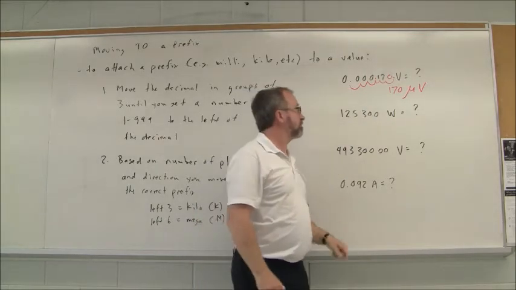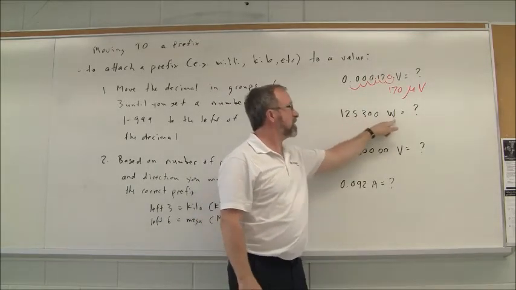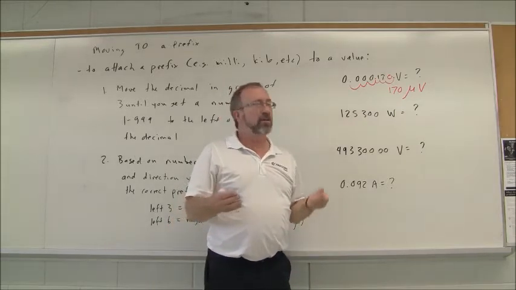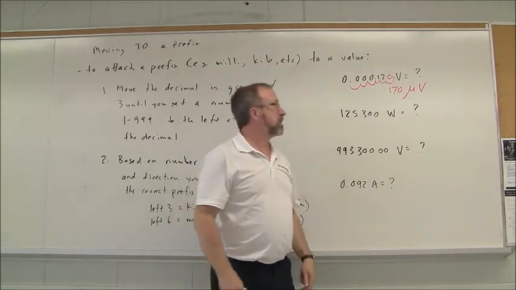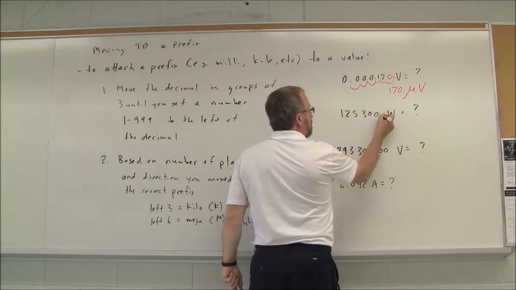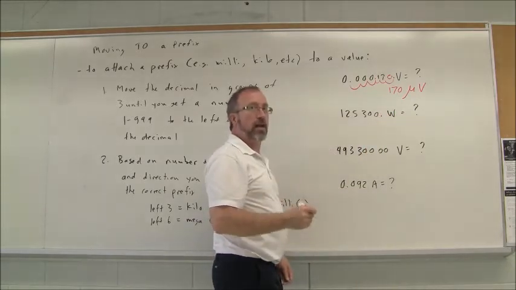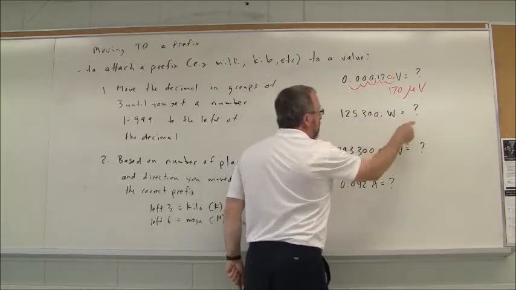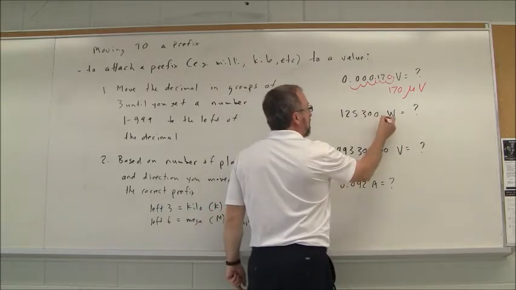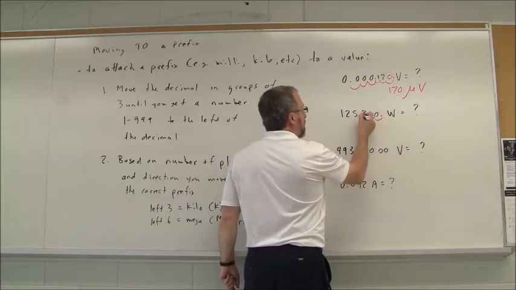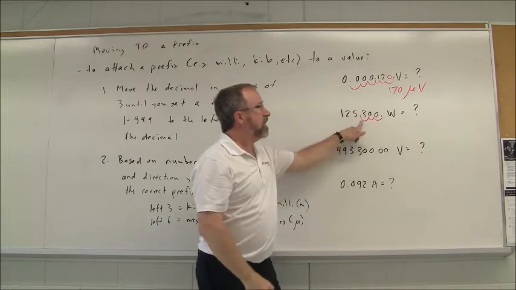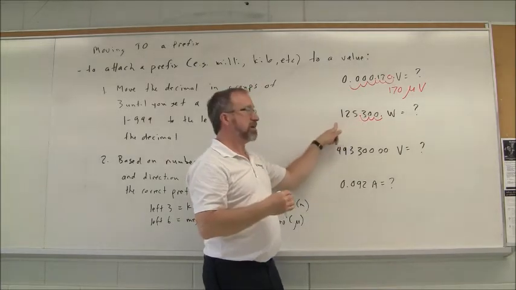Let's try another one. Here I've got 125,300 watts. I prefer to simplify that with a prefix. So the decimal in that number is right there. I need to move it 3 places. Well, going that way isn't going to help. I will go this way. 1, 2, 3. If I put the decimal here, the number to the left of the decimal is 125.